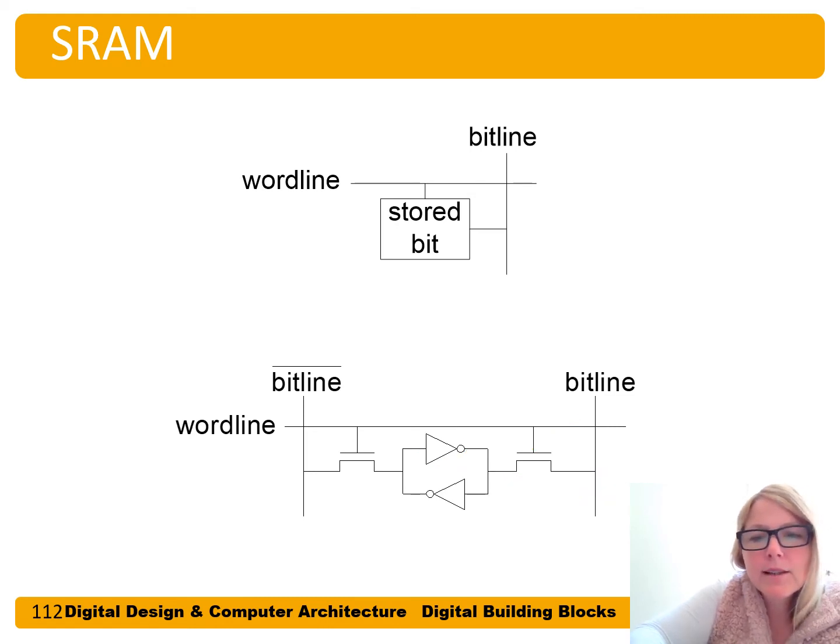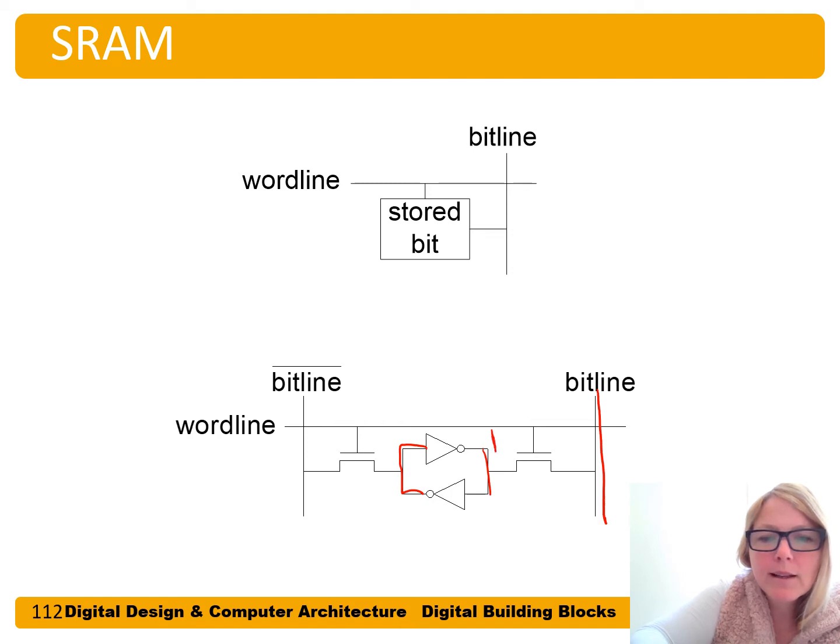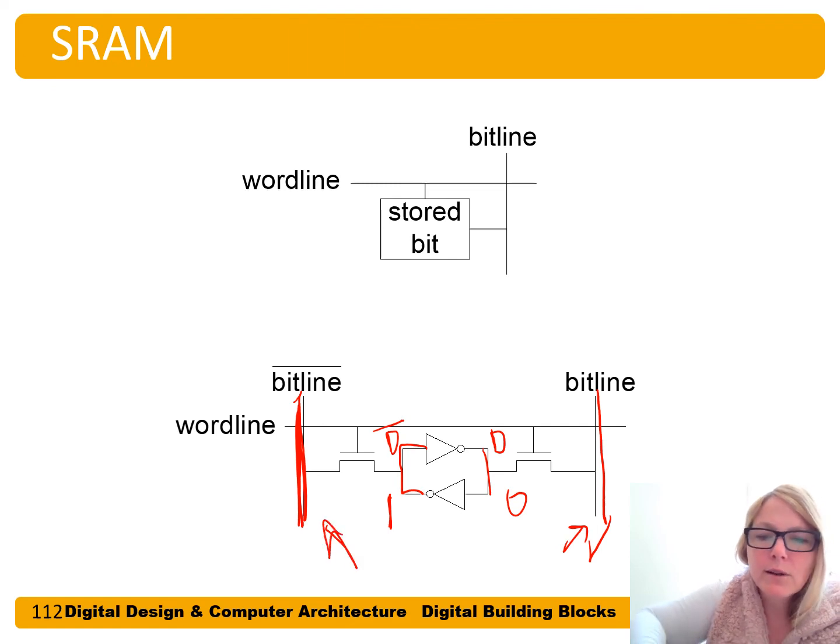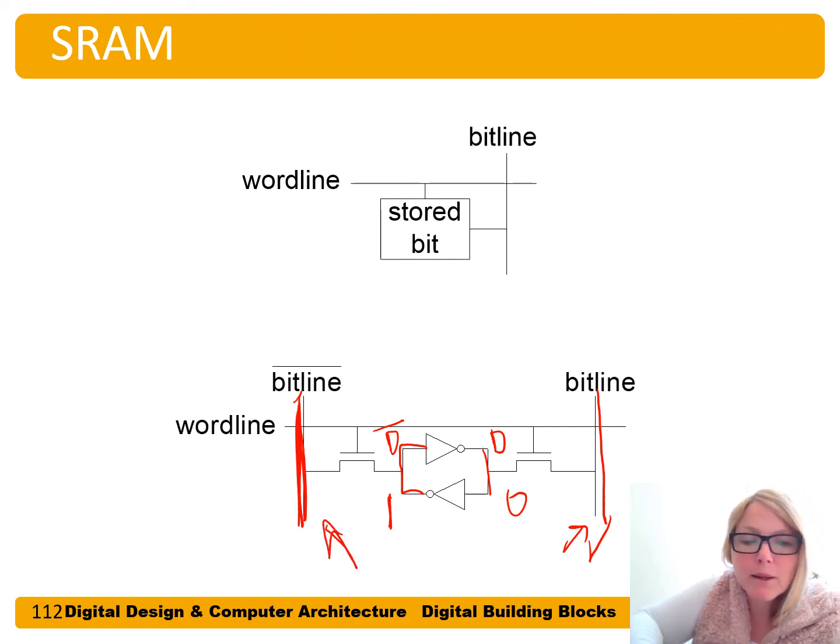Because of the cross-coupled inverters, we have both the data bit we want, and also the inverse on the other side. So we also include bit line bar, because it turns out that if there's a 0 here and a 1 here, we can read the difference between these two to accelerate the reading time, to make it faster to read.